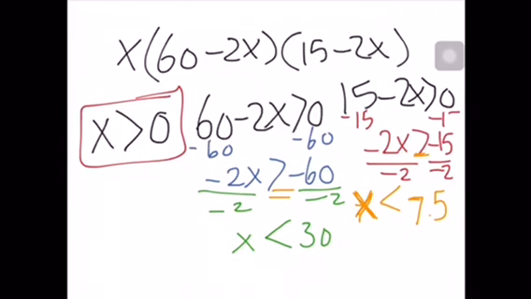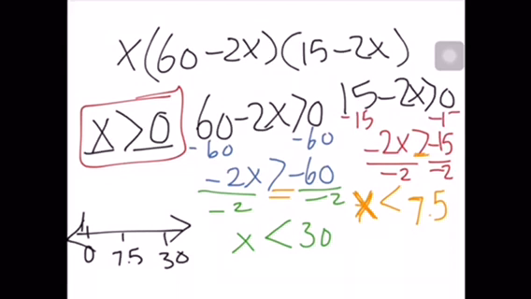Now we have to find the domain by drawing this. 0, 7.5, and 30. x is greater than 0. So, x is greater than 0. x is less than 7.5.